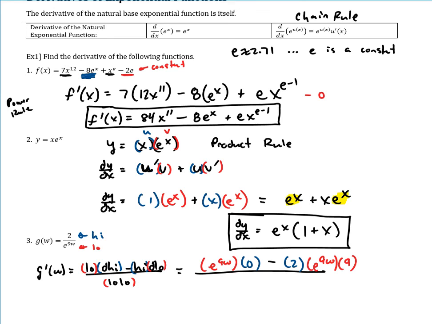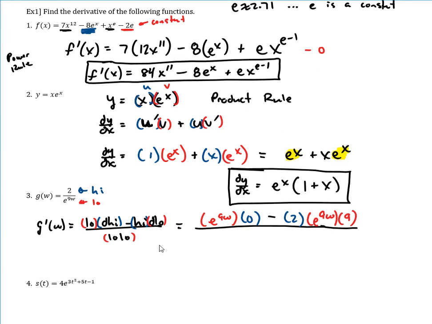I think saying it in words is easiest, and so that's why I'm doing it that way. Now, if that power were something crazy, maybe we would do some scratch work, but usually it's not too bad. So the derivative of e raised to a power with a variable in it is e to the power times the derivative of the power. Okay, and then over the low one times the low one, I am going to write it like this for this scenario.